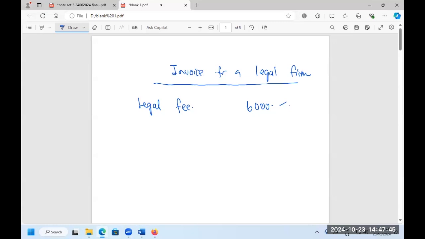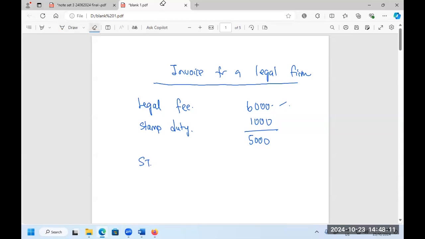Then because the legal firm is going to transfer the name of the property to another person, there is stamp duty. Maybe 1,000. In total, 7,000. My service tax is imposed on which figure?